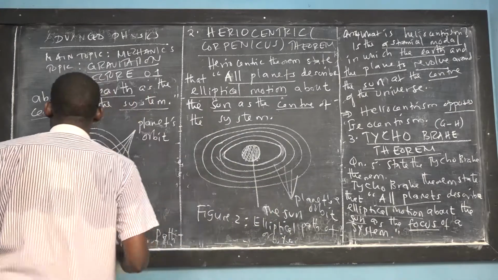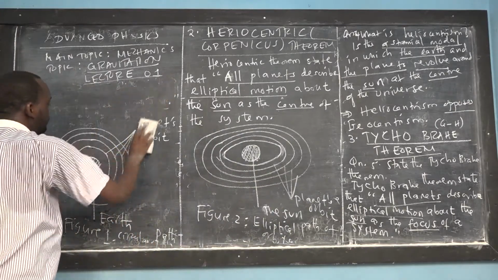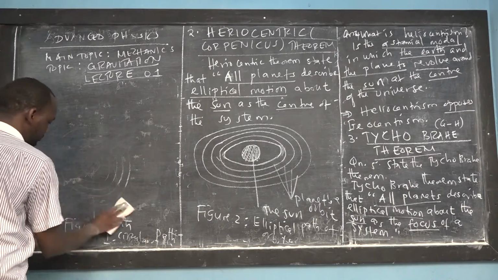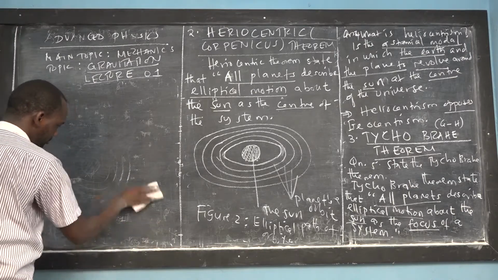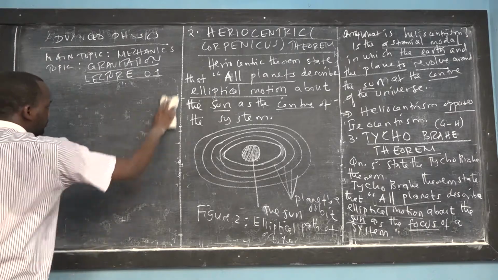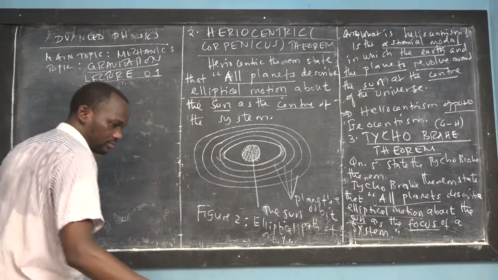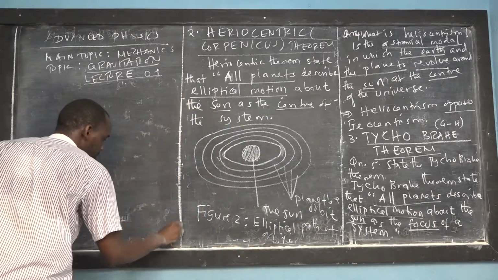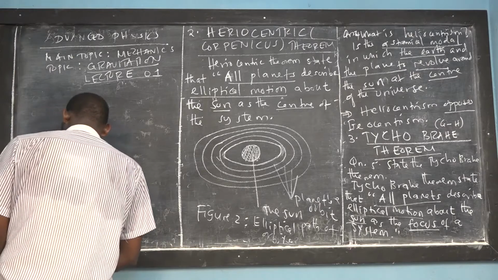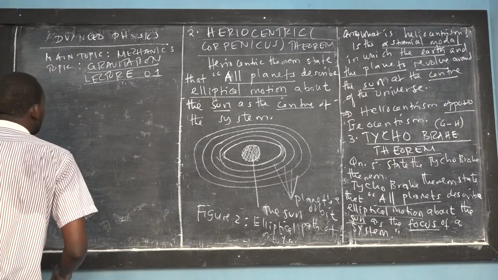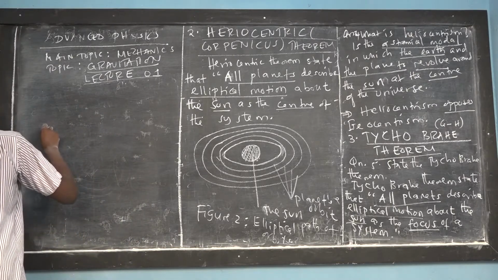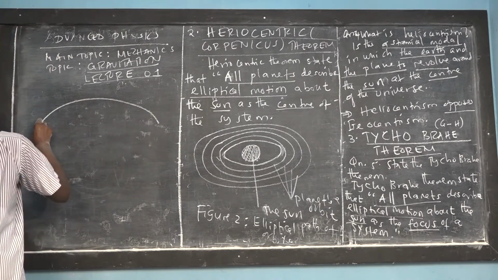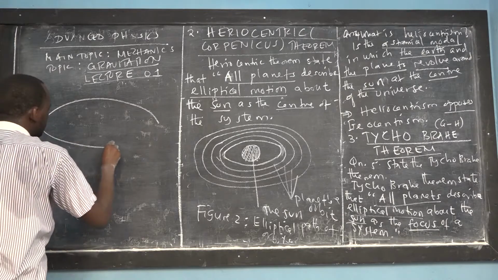So let me just draw the figure. So this is the figure, the Brahe figure. Suppose that it's an elliptical motion or elliptical path like this.